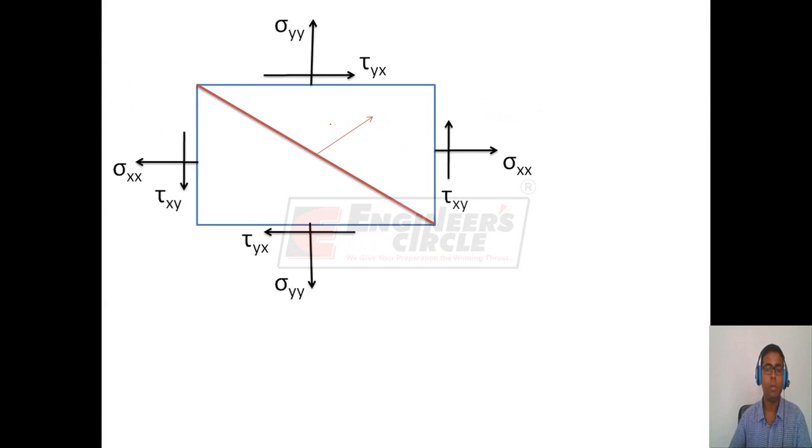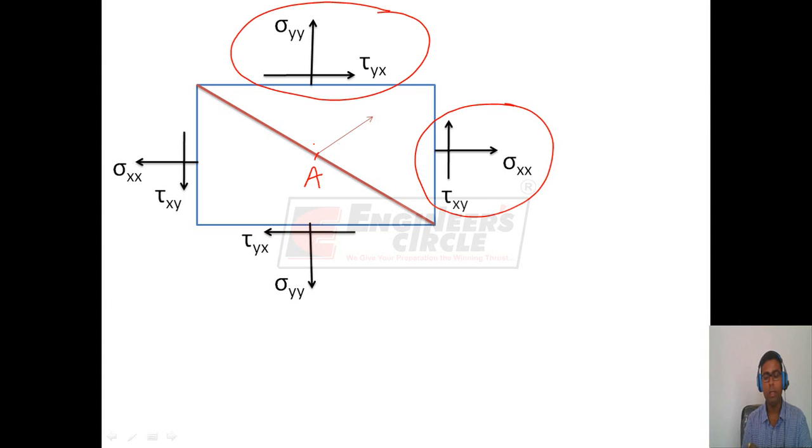We have learned in the previous module that if we know the stresses on two mutually perpendicular planes at any point A, that is on vertical plane and on horizontal plane, then we can find out what will be the normal stress sigma nn and shear stress tau nt on different planes passing through point A by varying this angle theta.